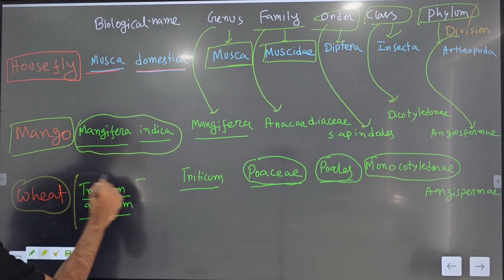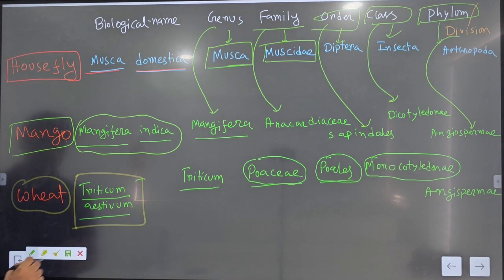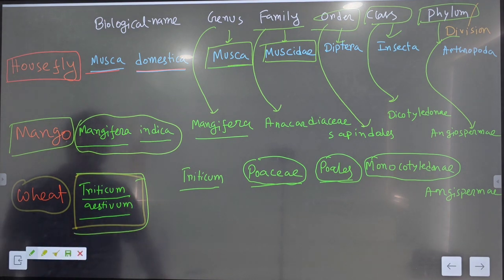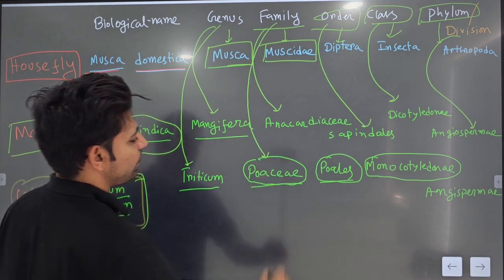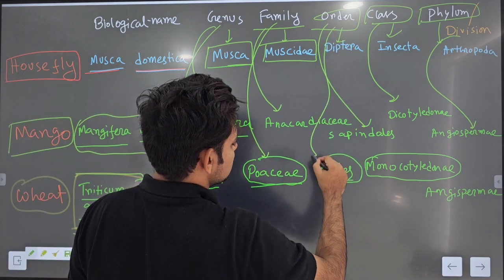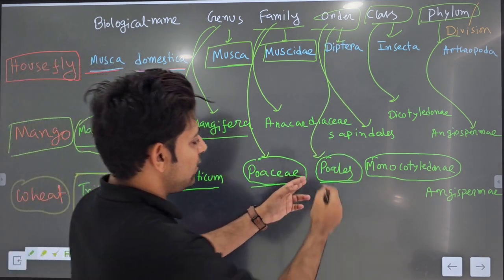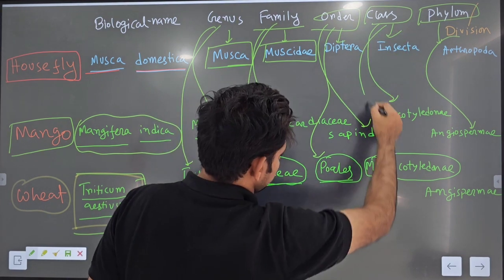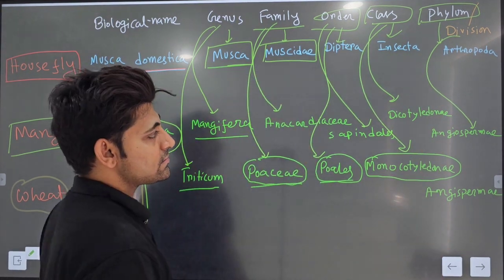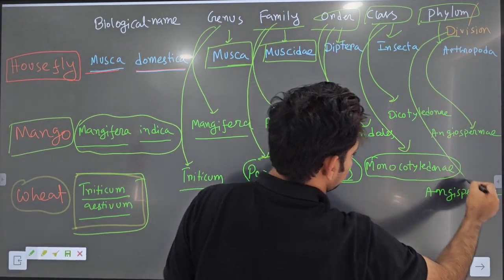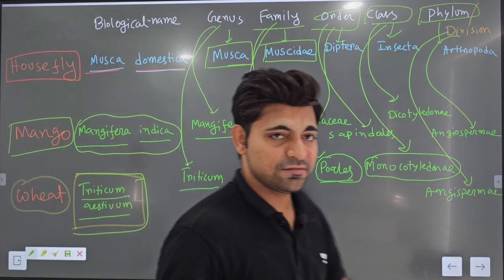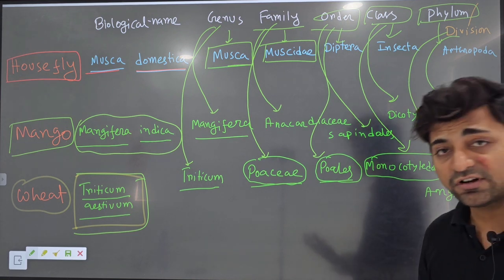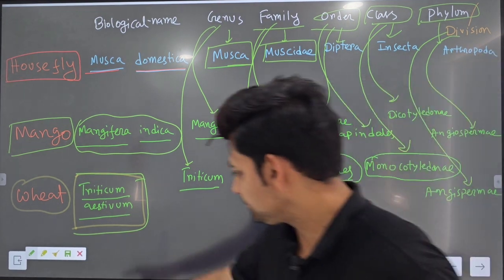Wheat's scientific name is Triticum aestivum. Genus of wheat is Triticum. Family of wheat is Poaceae. Order of wheat is Poales. And class of wheat is Monocotyledons. And division of wheat is Angiospermae. So for the sake of knowledge or information, you need to remember this slide.